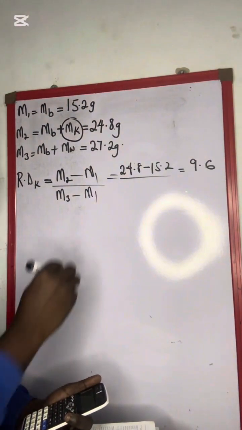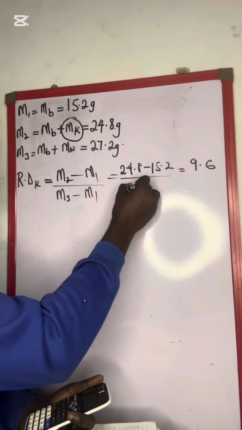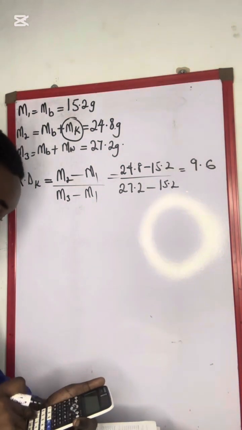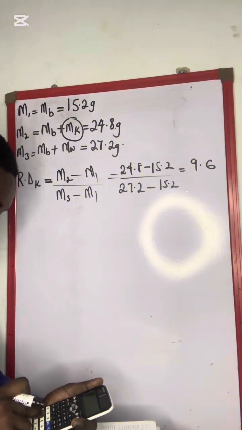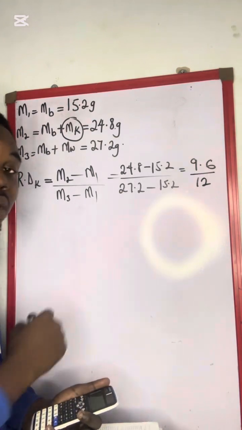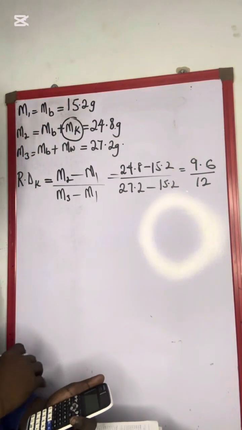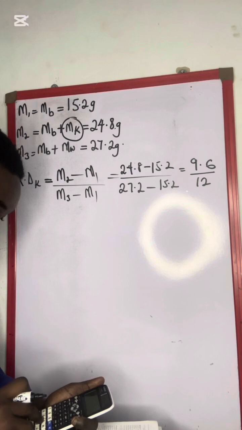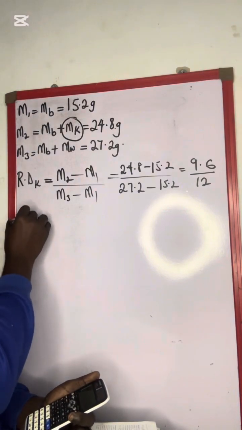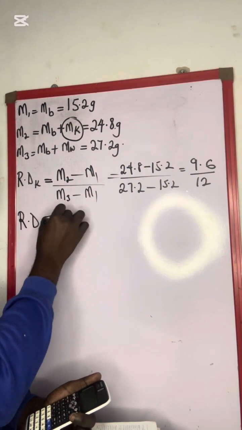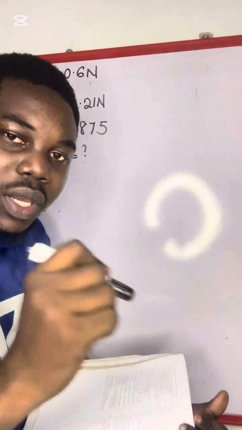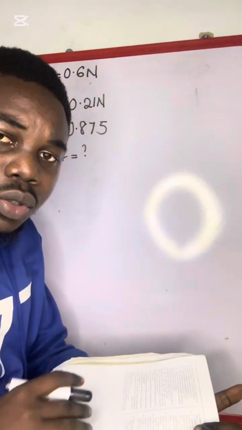And then at the bottom, we're going to be doing 27.2 minus 15.2 again. That gives us 12. So we have 9.6 divided by 12. Now just divide those two values with your calculator and the answer for the relative density for kerosene becomes 0.8.